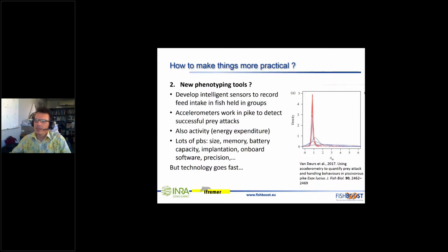And you can see on this graph, it's from a publication done on the pike, that with accelerometers, people were able to detect successful prey attacks in red and to separate them from the unsuccessful prey attacks in blue. So they could know which pike was eating and which was not eating successfully.